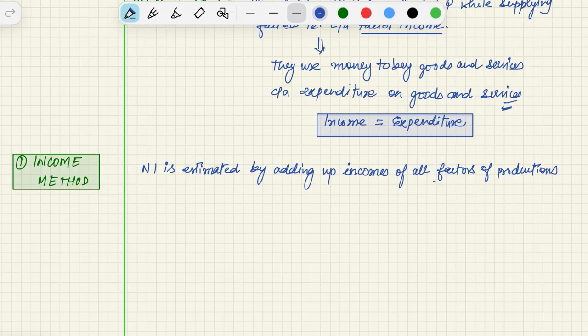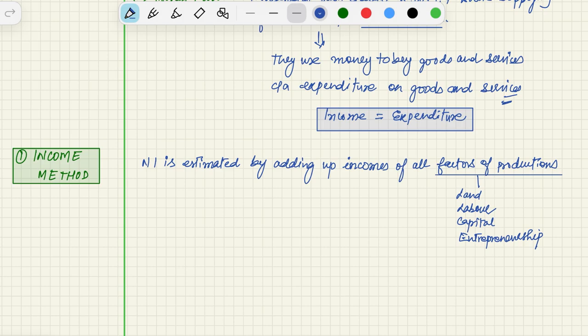So what are the factors of production? Factors of production are generally land, labor, capital, and entrepreneurship. So national income can be calculated by just adding up incomes of all factors of production.